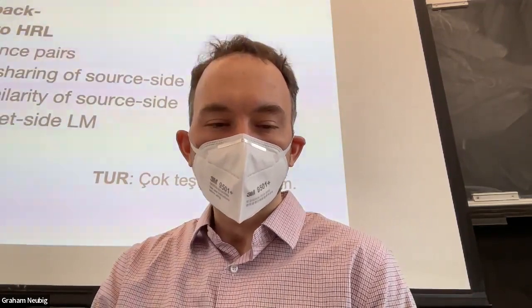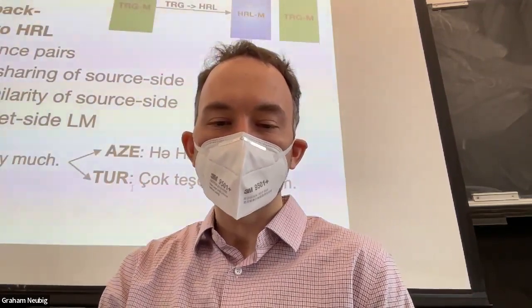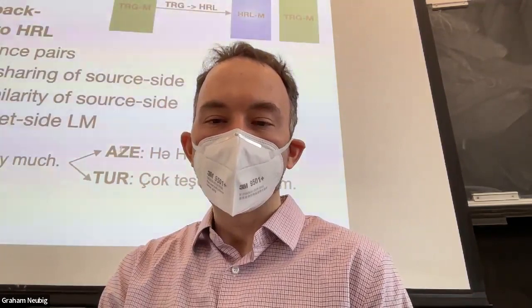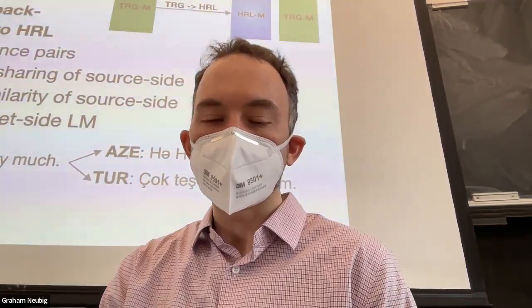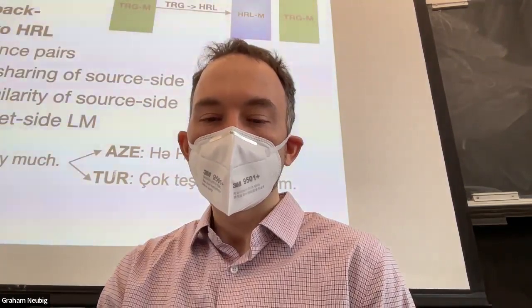So, using high resource languages in augmentation: the problem is that back translation from the target into a low resource language might be very low quality. So the idea is we can also use a high resource language that's similar to the low resource language. For example, Azerbaijani and Turkish are very highly related.